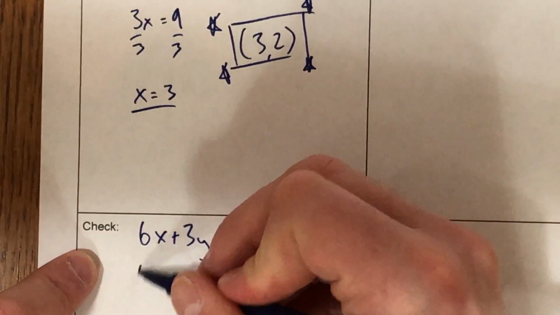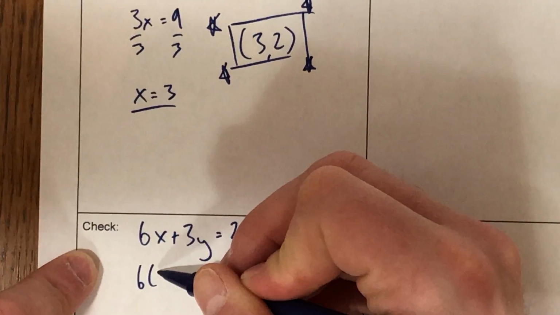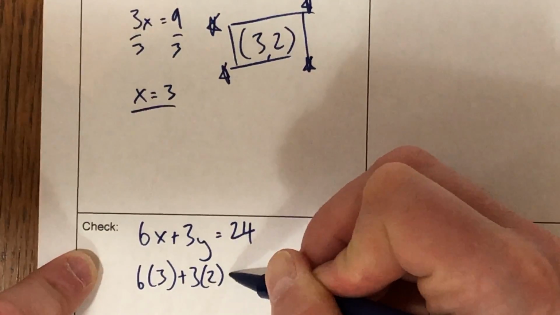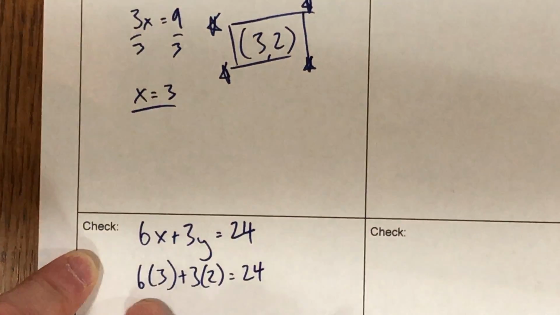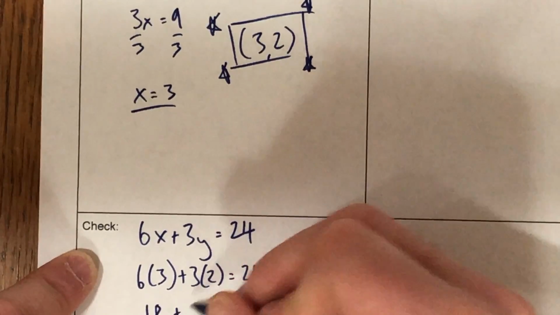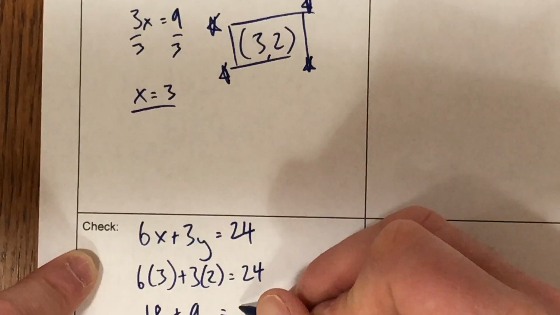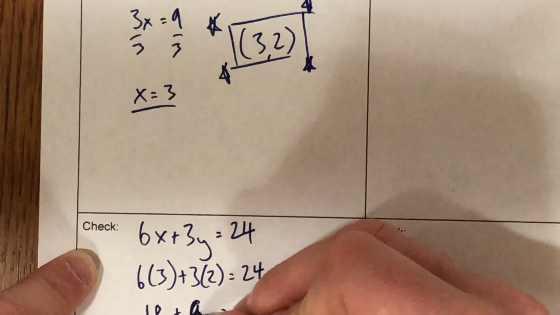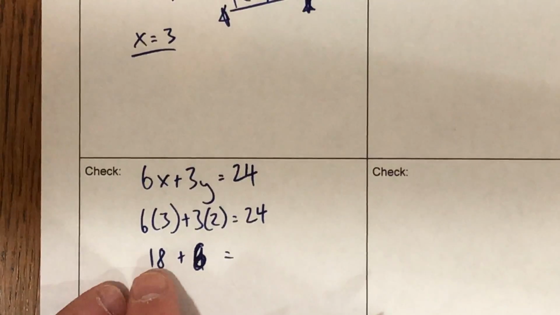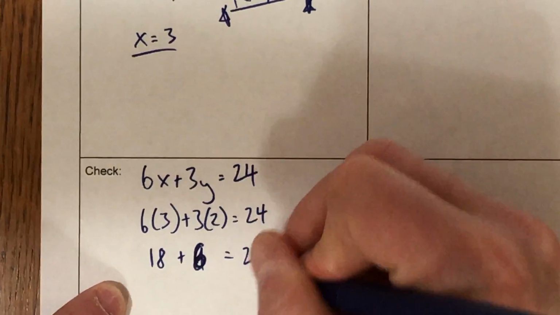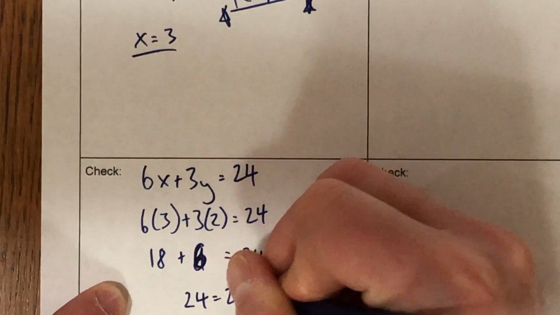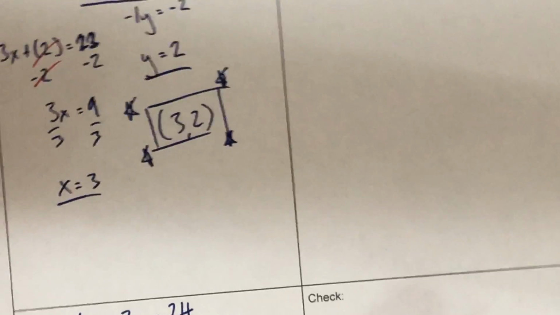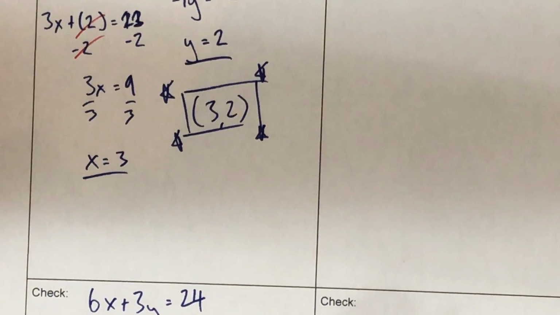There's 3 for x, so 6 times 3 plus 3 times y, y is 2. Does this work? 6 times 3 is 18. 3 times 2 is 6. 18 plus 6 is 24, and 24 equals 24, so check, that solution works for this system of equations.